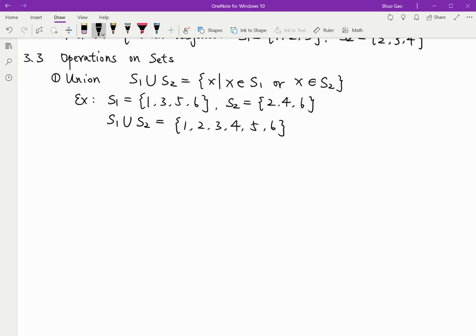in the union. So let's draw a graph. The union should look something like this. This is S1, this is S2, and the union is a collection of everything here.